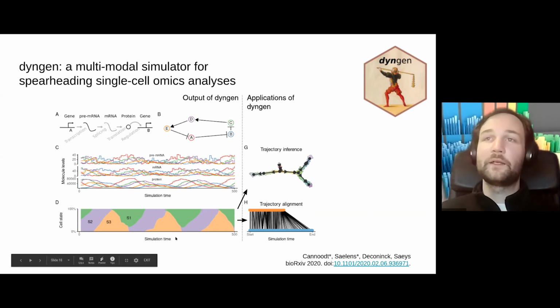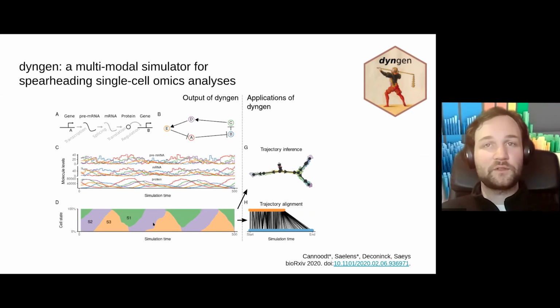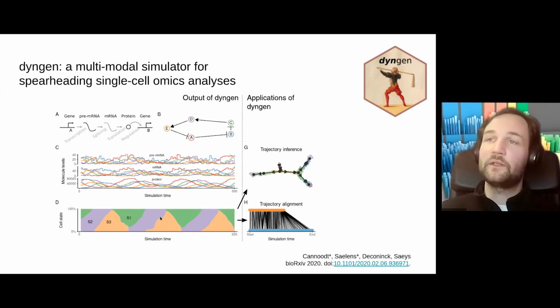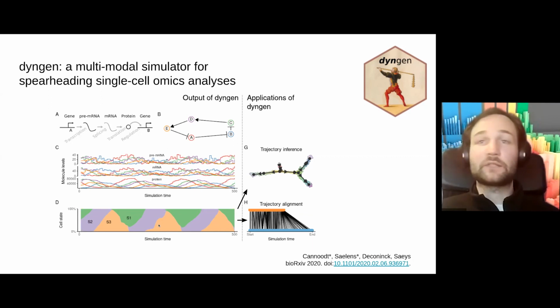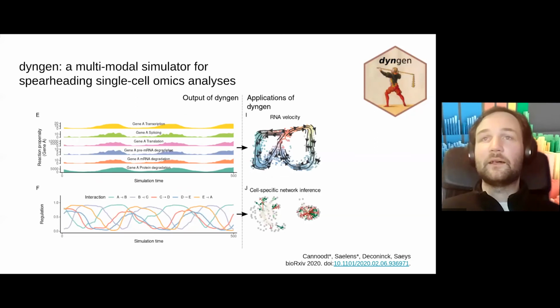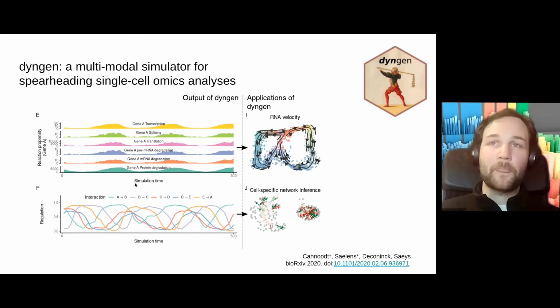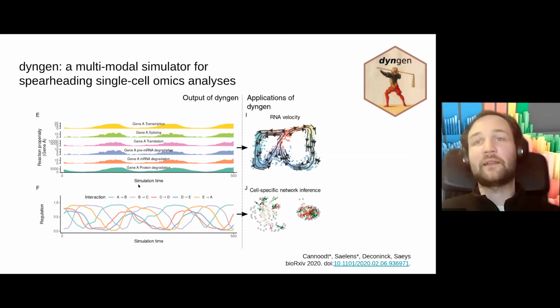For example, you can simply extract a cellular state and what point of the cellular state a cell is at any point in the simulation. That allows us to benchmark trajectory inference methods, but also trajectory alignment methods. We also can look at the amount of times that a particular reaction is occurring within a specific cell at any point in time, which allows us, in this case, to benchmark RNA velocity methods, such as Azimuth.